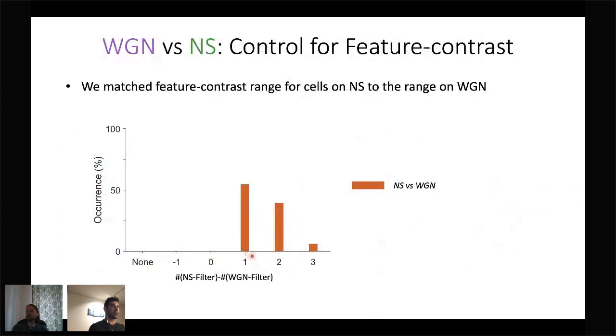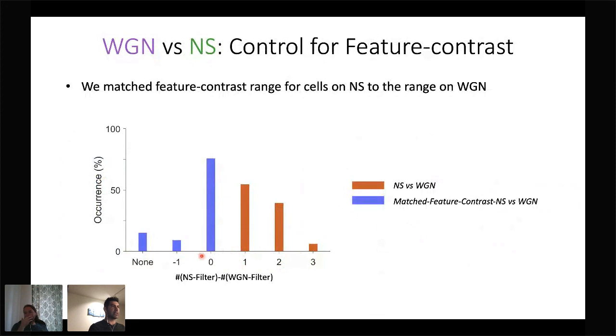This is the distribution of the difference between the number of filters for natural scenes and white Gaussian noise that we had seen before. After matching the range of feature contrast of natural scenes to white Gaussian noise for these cells, and estimating the number of receptive filters, we get this distribution.